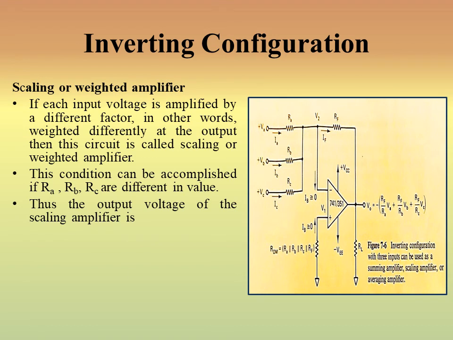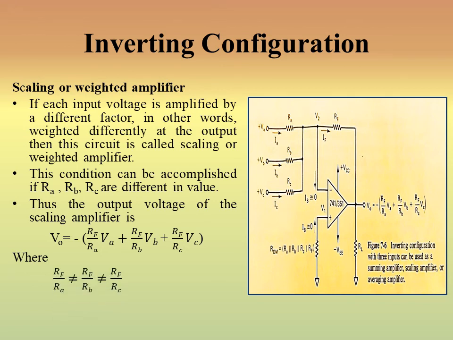Thus the output voltage will be as we have discussed previously. None of the resistors are equal, so we'll get output in such a way. Such an amplifier is simply a scaling or weighted amplifier. Here it is necessary that Rf upon Ra is not equal to Rf upon Rb and is not equal to Rf upon Rc.